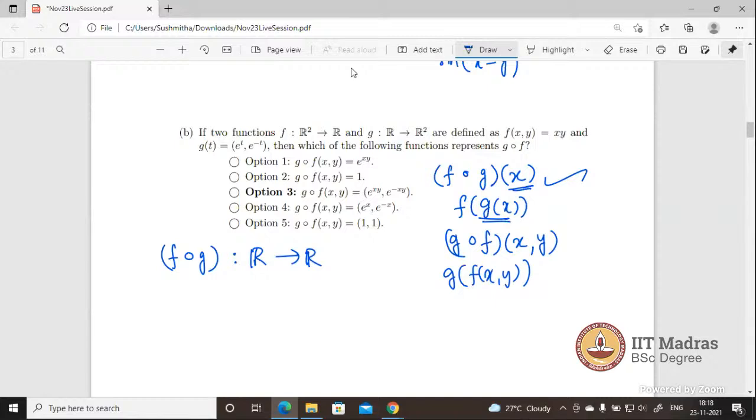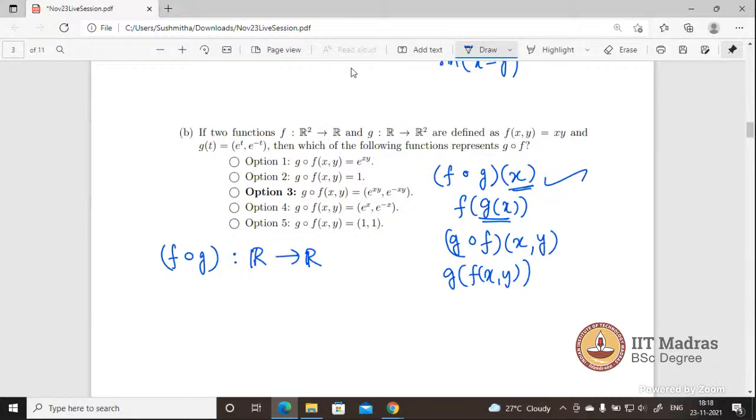For F composite G, the domain of this function is going to be the domain of G, and the codomain of this function is going to be the codomain of F. How do you define F composite G? It's F of G of X, right?